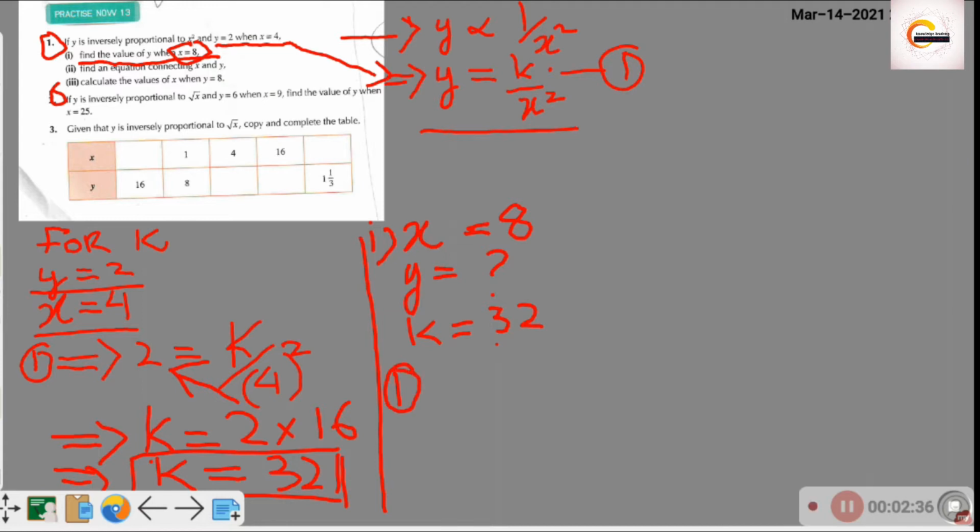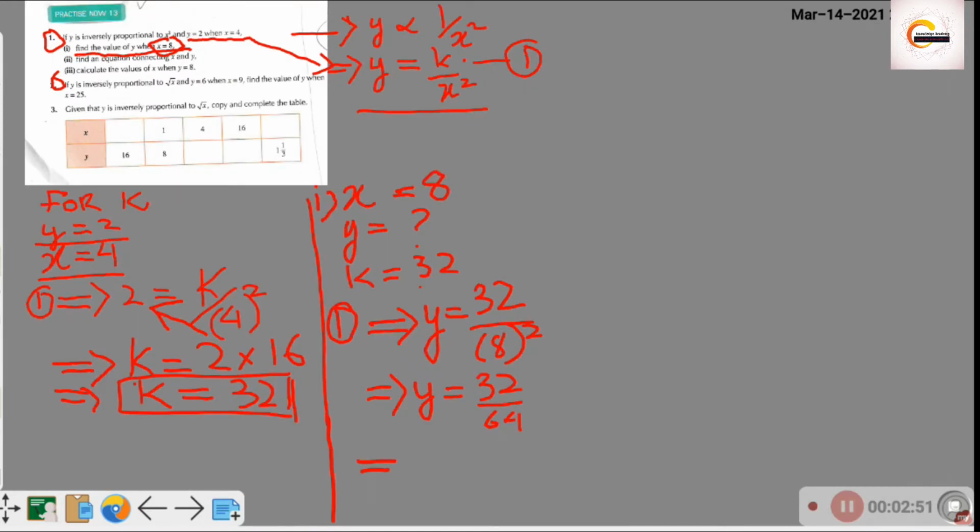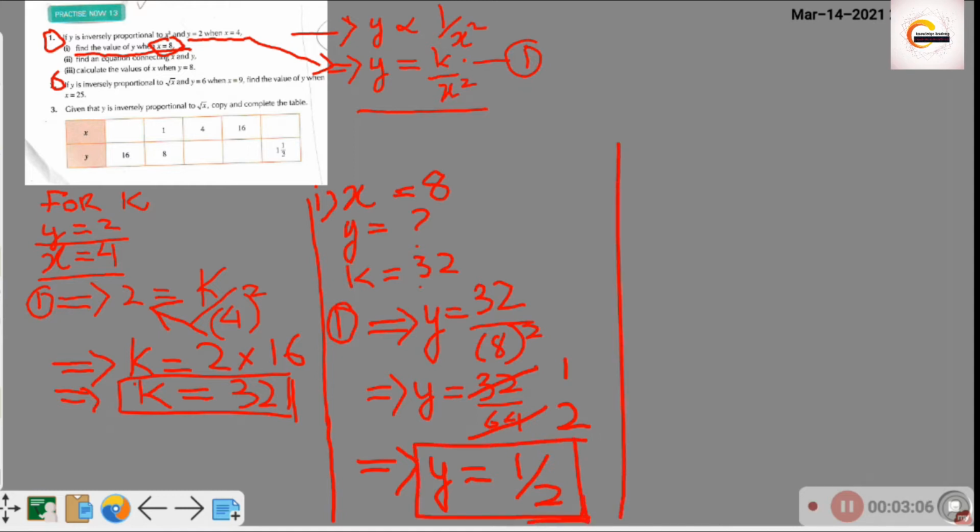So putting the above values in our formula, we will get y is equal to 32 upon 8 whole square, which will become y is equal to 32 upon 64, and after simplification, y is equal to 1 upon 2. So this is the value of y for question number 1, part 1.